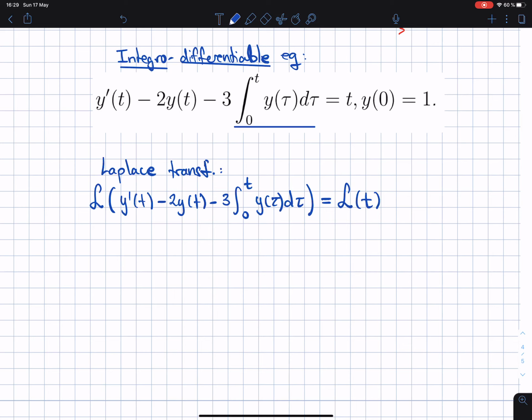Now, let's apply here the linearity of the Laplace transform. We know that the Laplace transform has the linearity property, so I can split this in the following way.